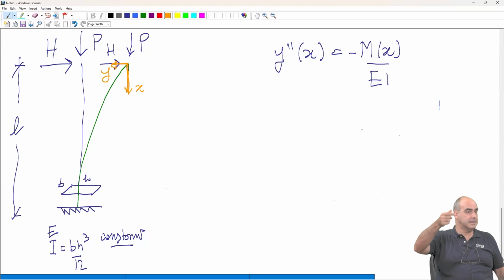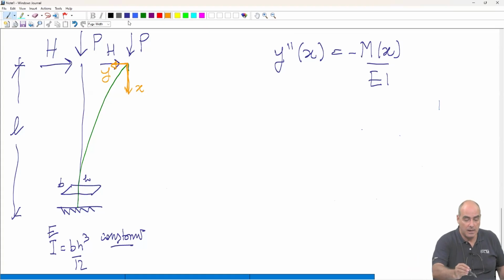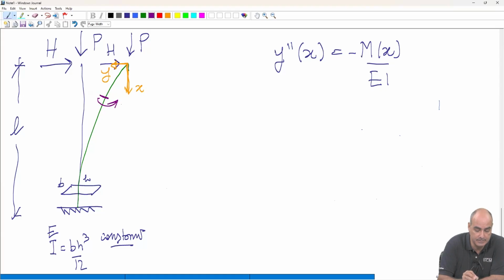The y-axis, with reference to a straight line, is giving you how the beam is curved. In this reference system, how do you write Mx? Well, in order to write Mx, you have to imagine that at a certain point x, you make a cut. And this is your Mx.